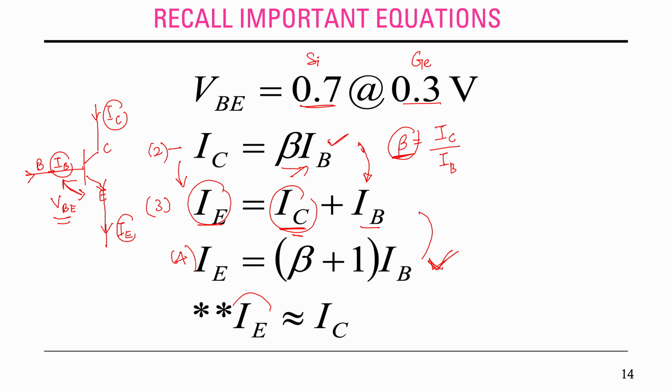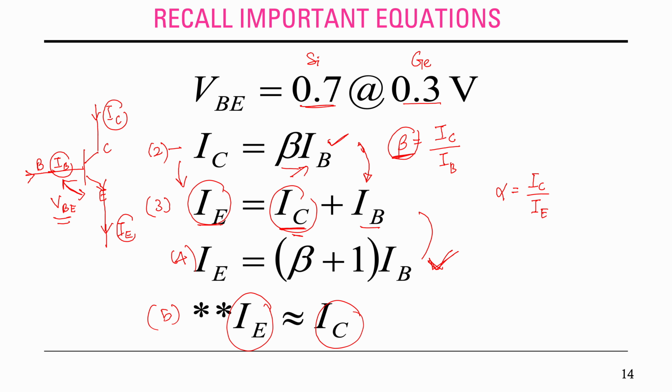So equation number 5. Equation number 5 is a special equation, because if you still remember, on our first part of BJT, I did mention to you that alpha is equal to IC over IE. If you remember, there is a slide in BJT part 1 that was introduced in the previous class. Please refer to those slides again.